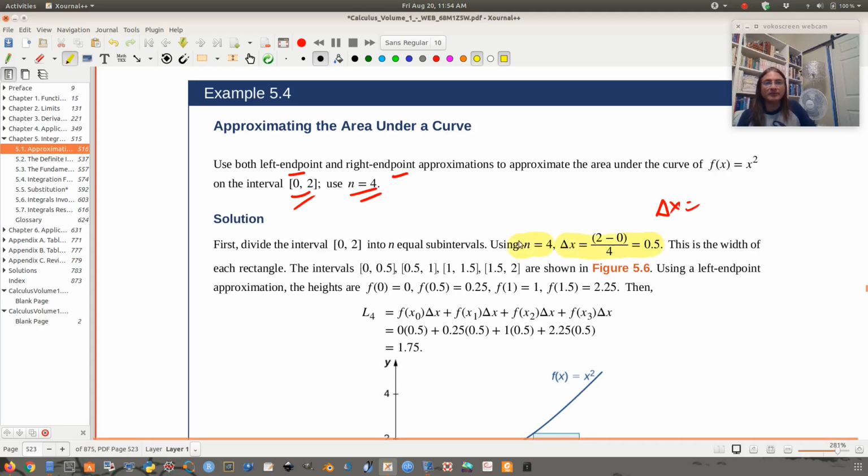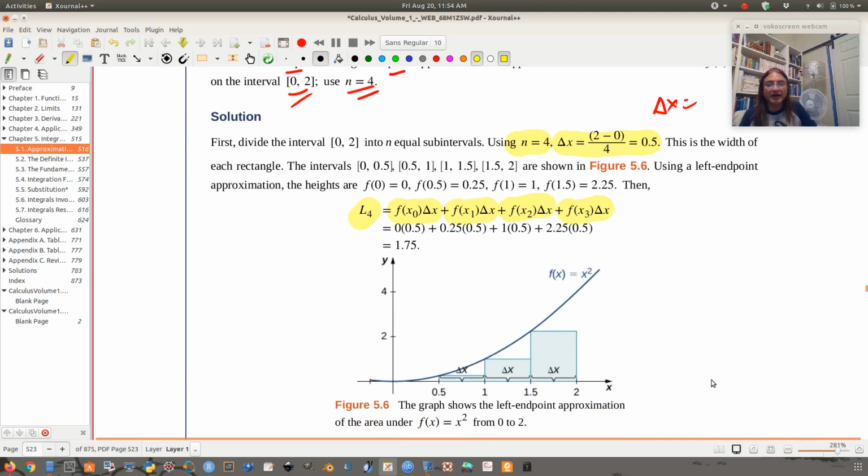N is 4. So the left-hand approximation, L4, where 4 means how many intervals we are taking, is f(x0) delta x, f(x1), f(x2), f(x3). Since delta x is 0.5, we have the function at 0, 0.5, 1, and 1.5. The function is x squared.